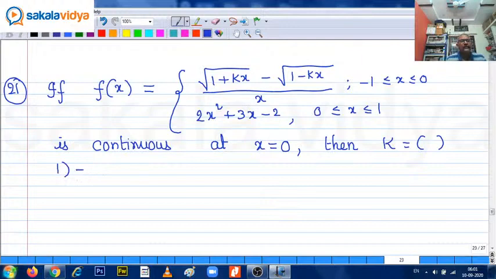First option is minus 4, second option is minus 3, third option is minus 2, fourth option is minus 1.